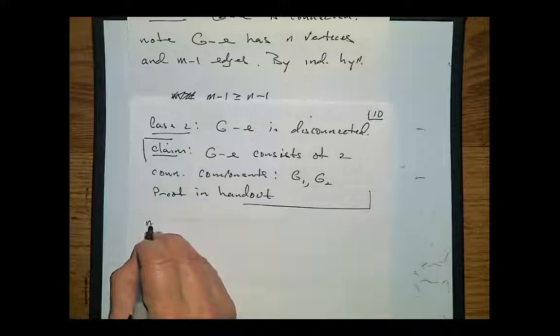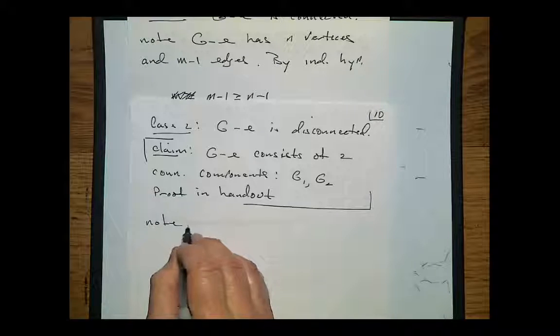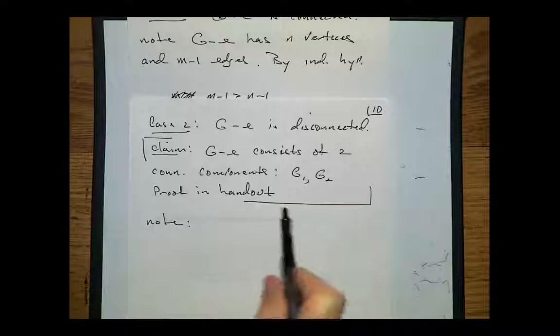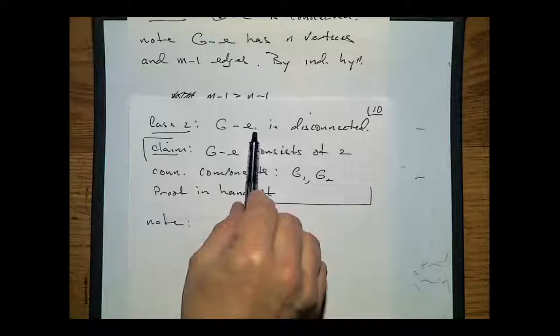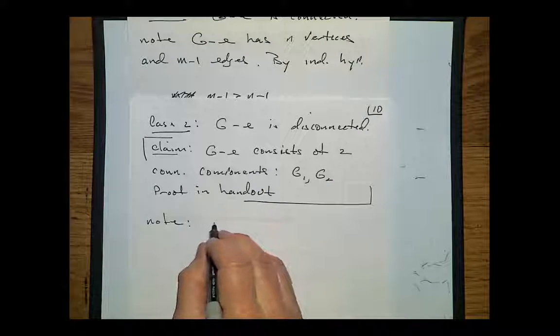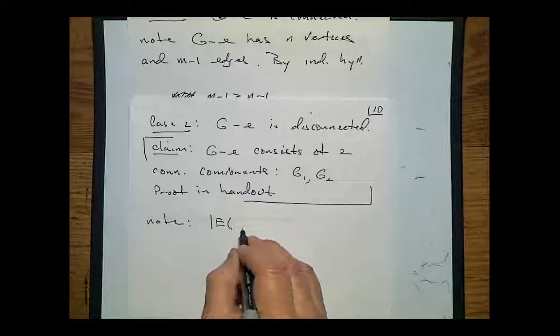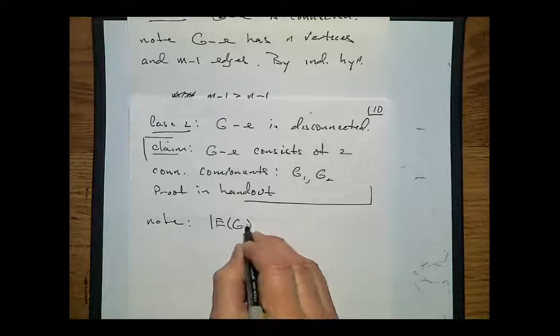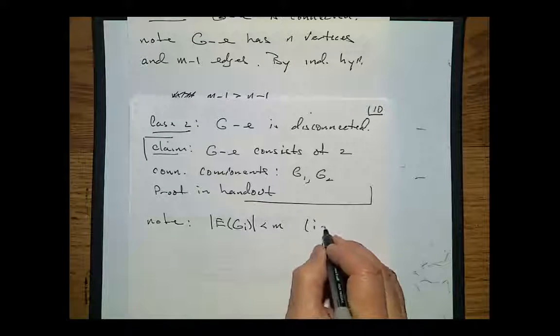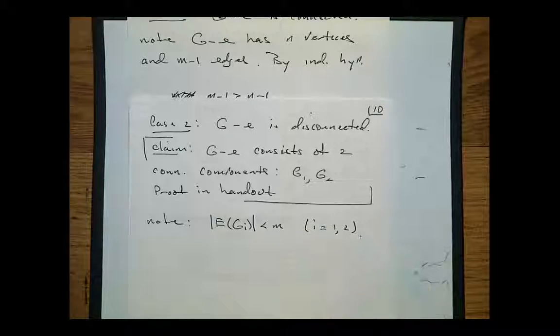Note, since these two components are subgraphs of the original graph, or actually each of them are subgraphs of this graph, which has fewer than m edges, each of these has fewer than m edges. Note, the number of edges in Gi is less than m for i equals 1, 2. This is the part of the proof that copies pretty much exactly what we had in lemma 1.